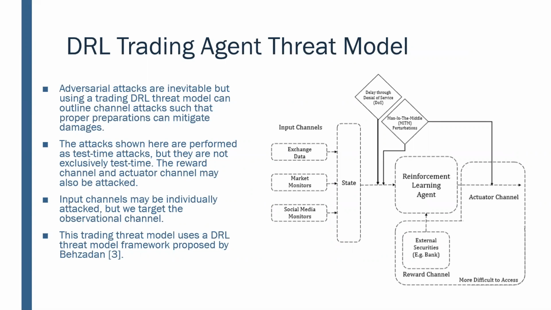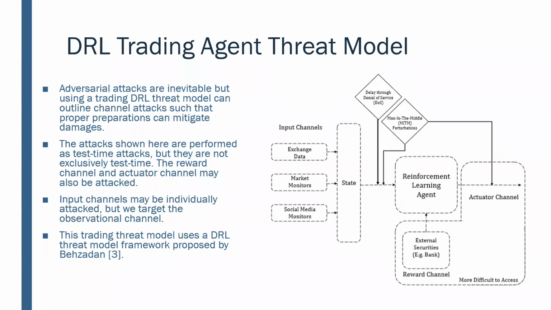Normally, for deployment of these agents in the wild, where you're going to be using them for actual monetary purposes, it is important to consider the adversarial attacks and threats that exist for this model. On the right, we have a basic diagram of a deep reinforcement learning agent, specifically for trading, showing where it pulls data from. We have some input channels, which create this state vector.